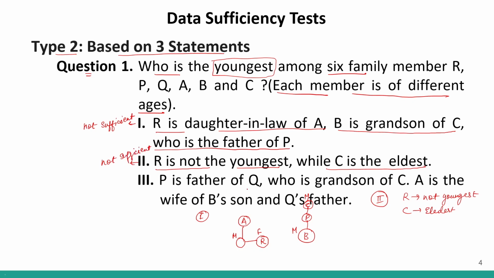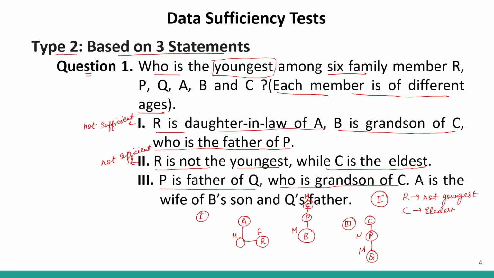Now, coming to statement number 3. Statement number 3 tells P is the father of Q. So P will be male, father of Q, correct? Q's gender we do not know. Q is the grandson of C. So Q is male, and C's gender we do not know.